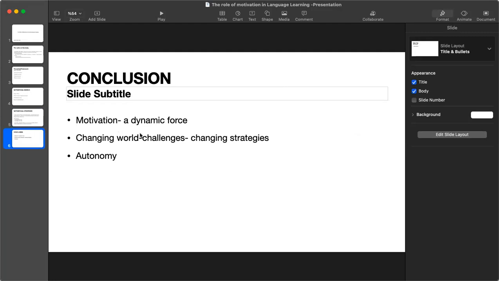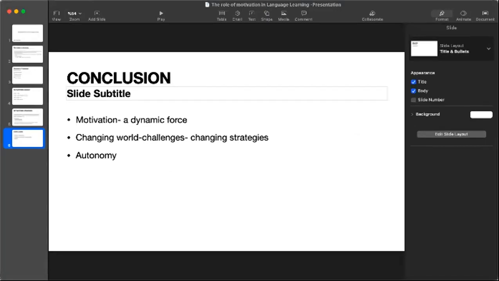So when we come to the last part of my presentation, I can shortly say that, yeah, motivation is the driving force in learning the target language. And the sources of motivation can be various, from psychological to cultural, even economic.